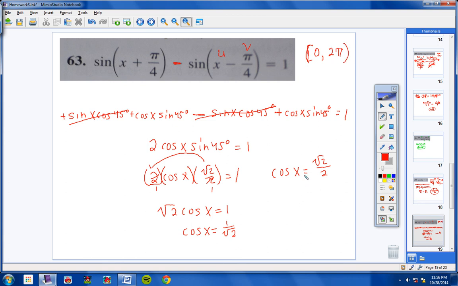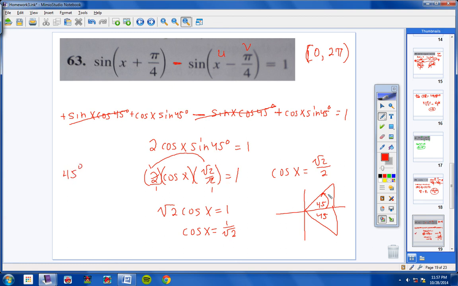Students, we want an angle whose cosine is a positive square root of 2 over 2. Cosine is positive here, and cosine is positive here, and the angle for that is 45 degrees. So I put a 45 here and a 45 here. One answer goes from here to here, 45 degrees.